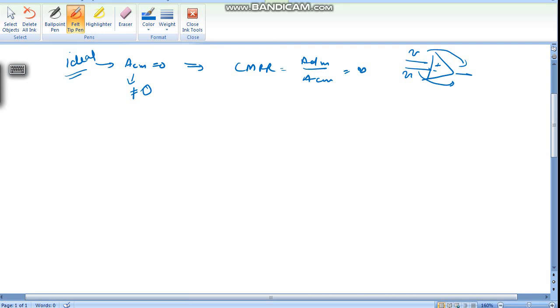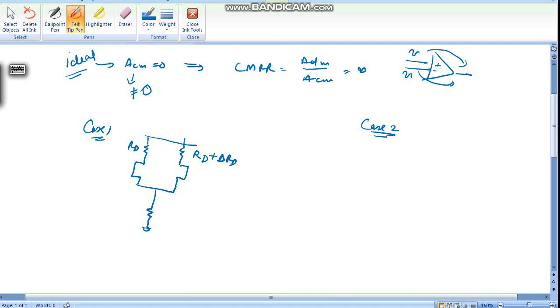So case 1, case 2. So how can this unsymmetry come? Consider this differential amplifier. So this is RD. Both resistances can possibly be different, say by delta RD.